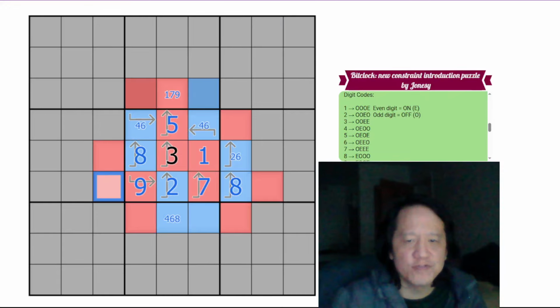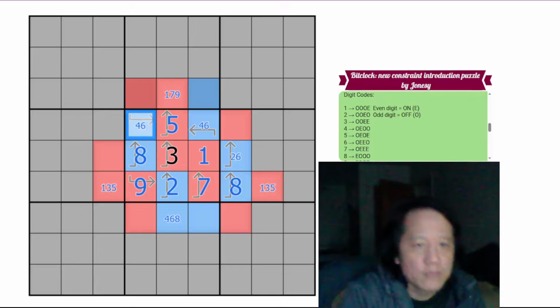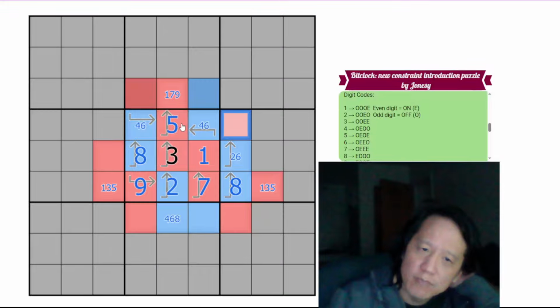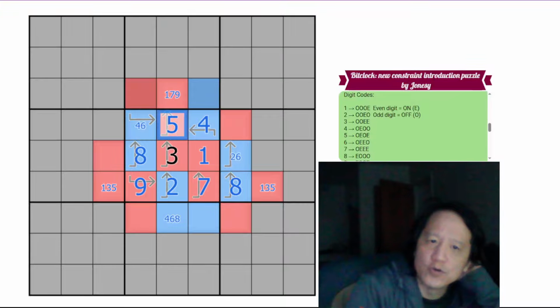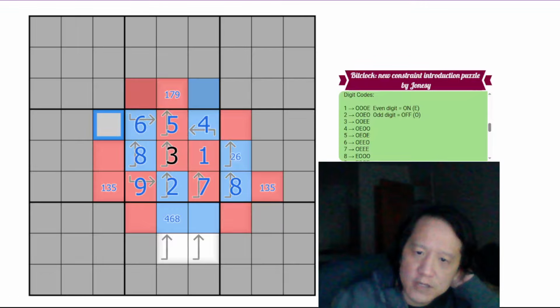We have 1, 3, 5 in row 6. Oh, this has to be odd, even, odd, odd, which is 4. So this is 4, this is 6. That means this is odd, even, even, odd.